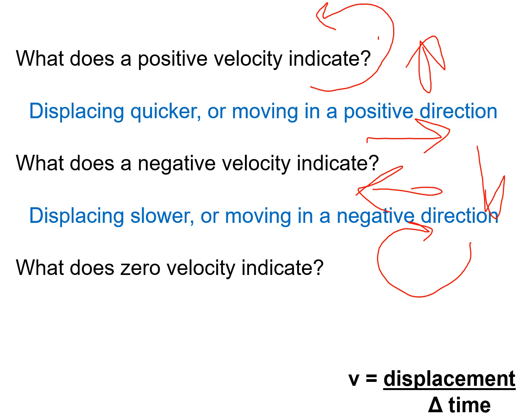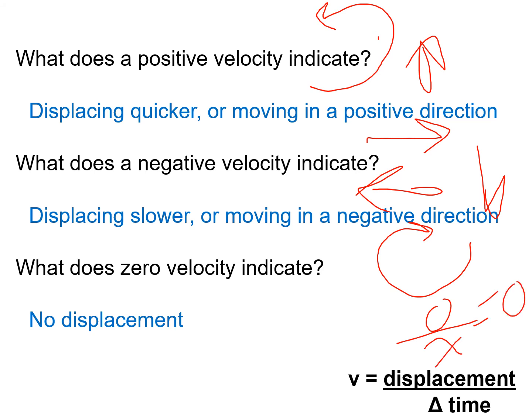So what does zero velocity indicate? No displacement, okay? Zero displacement, and you basically have 0 divided by x, which would equal 0, or y or z or whatever you want to call it. Okay, so with 0 velocity, we're looking at 0 displacement.